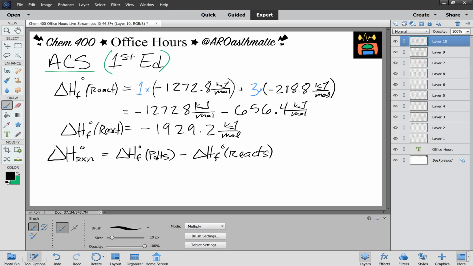There we go. All right, so our delta H, the sum of the heats of formation of our products is negative 1988.1 kilojoules per mole minus the sum of the heats of formation for reactants, which is negative 1929.2 kilojoules per mole.